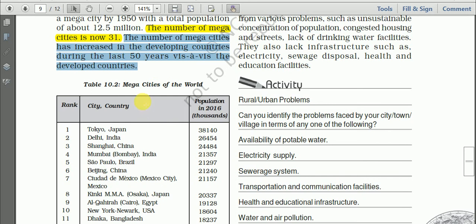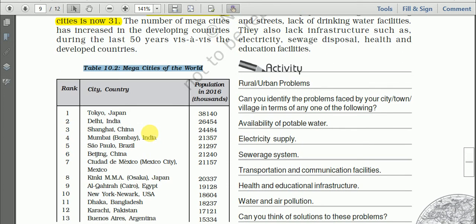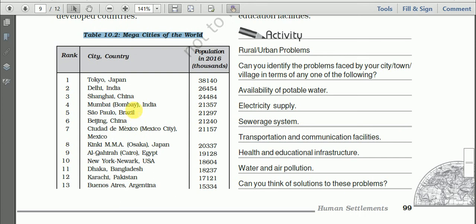And here this table number 10.2 mentions the 31 megacities of the world, and this table is very important for the exams, not only in the internet exam but also for the board exam.